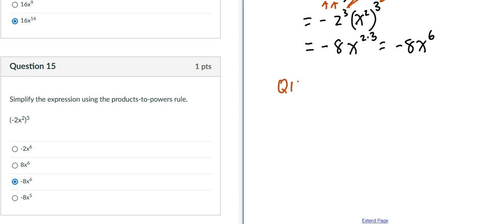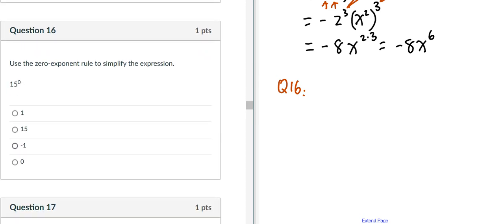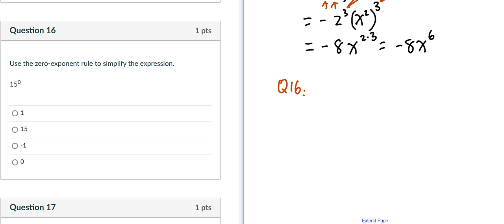Question 16 goes fast. Okay, now here we got 0 on the exponent. So why is the answer 1? Look, previously we did 2 to the 5th divided by 2 cubed. We do subtraction.